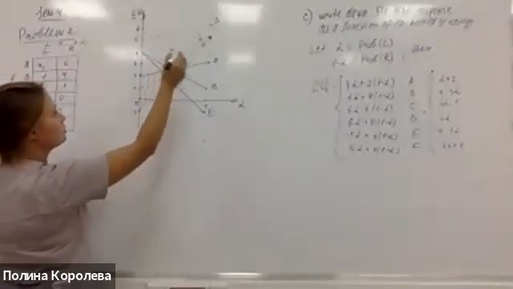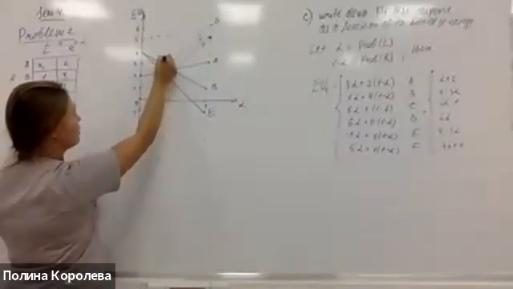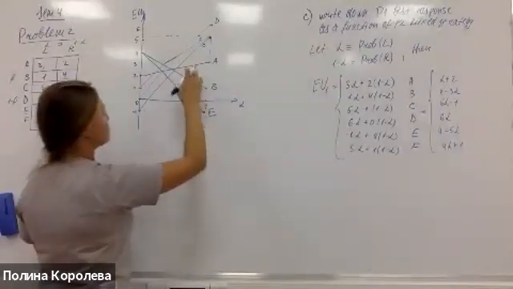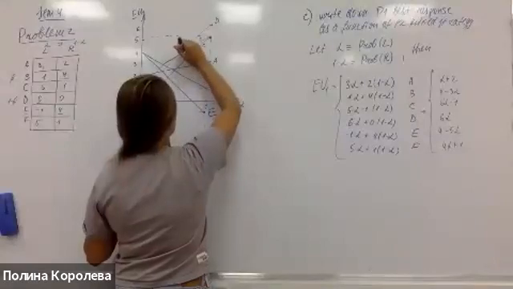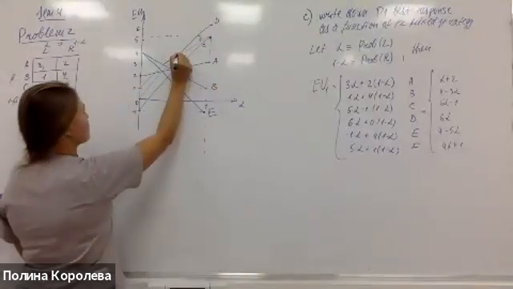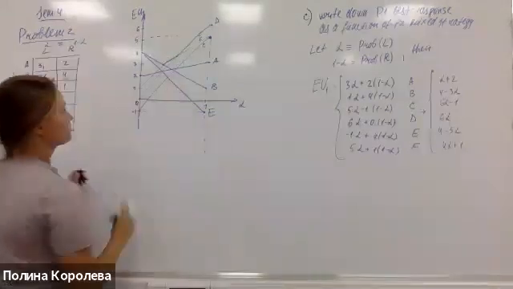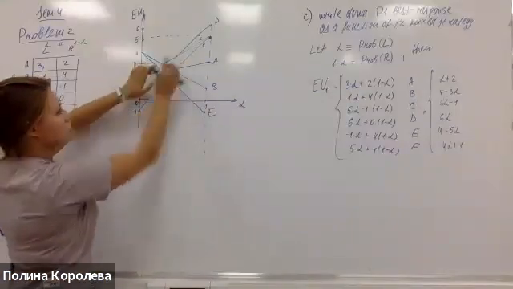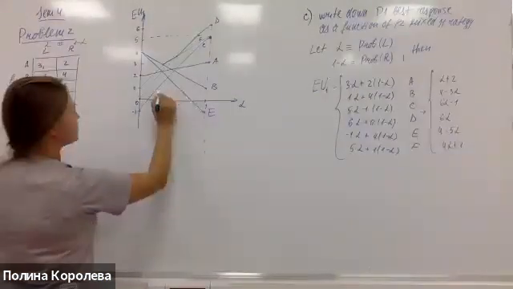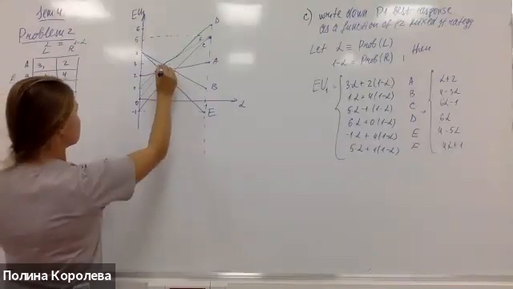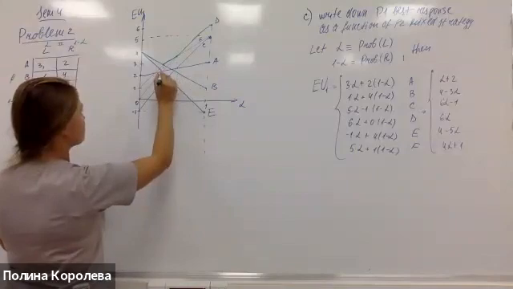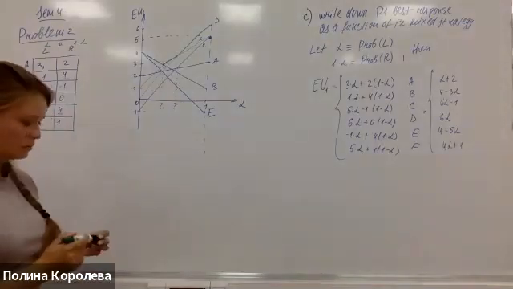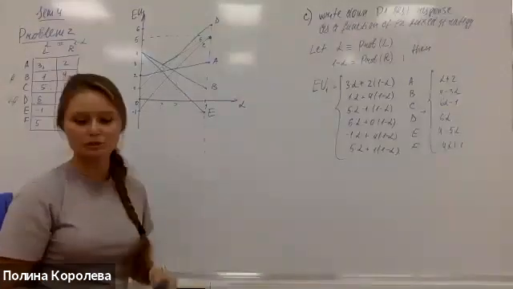If alpha is small, we choose to play B. If it is in the middle, we choose to play F. And if it is very big, we choose D. So we should find these two alphas that will change our decision.